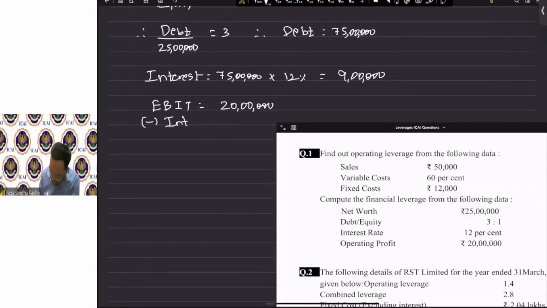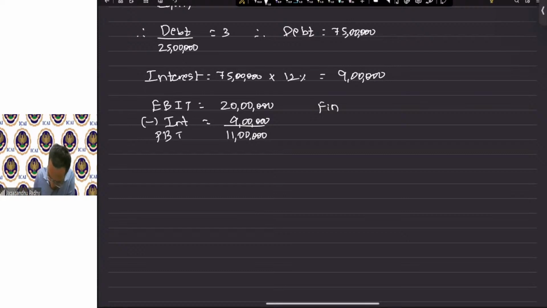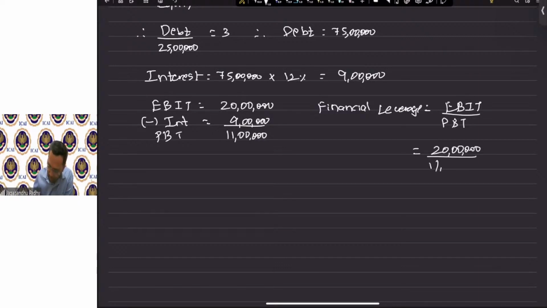From that, you subtract the interest, which is 9 lakh. You get a profit before tax of 11 lakh. Financial leverage, as the formula says, is EBIT upon profit before tax, 20 lakh upon 11 lakh. 20 lakh divided by 11 is 1.8182.